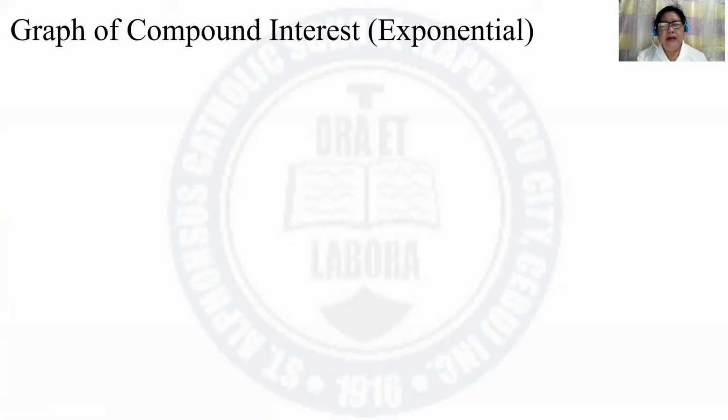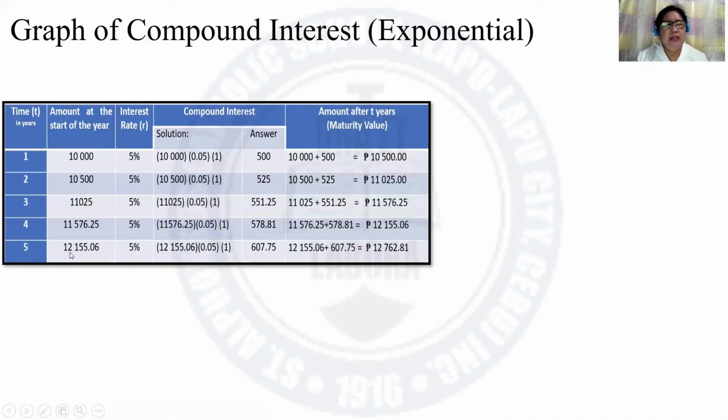Let us have the graph of compound interest. Using this table, with a principal of 10,000, the interest rate is 5%. After 1 year, the maturity value is 10,500. After 2 years, it becomes 11,025.